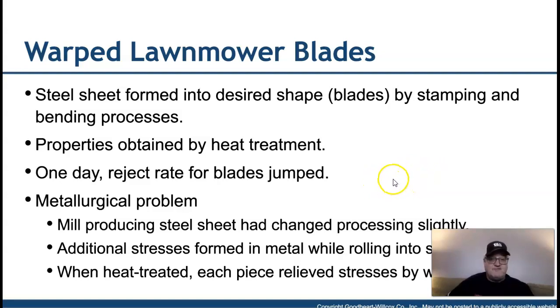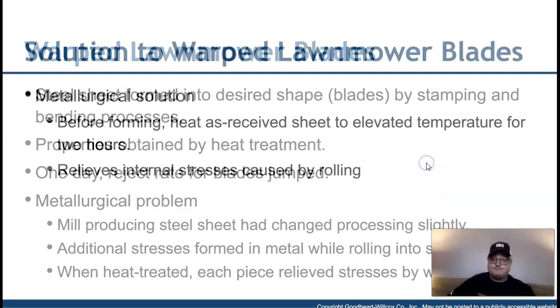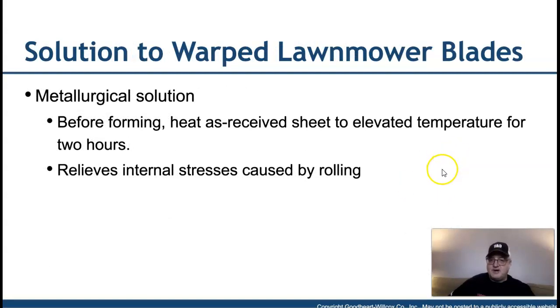So we need to figure out how we can make changes to the process, or develop the process in such a way that it minimizes the stress put on the part and keeps that part from failing. All right, so the metallurgical solution was to heat treat as received, elevating the temperature for 2 hours. Notice there's a time element here, and that relieves the internal stresses that were caused by rolling.